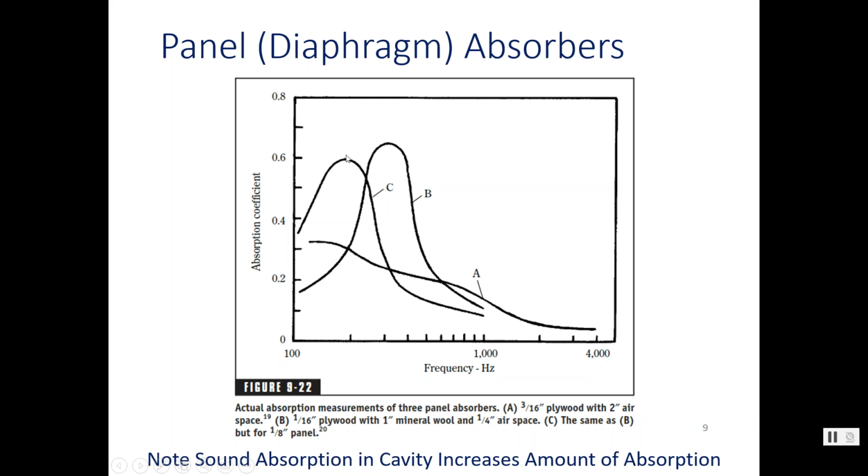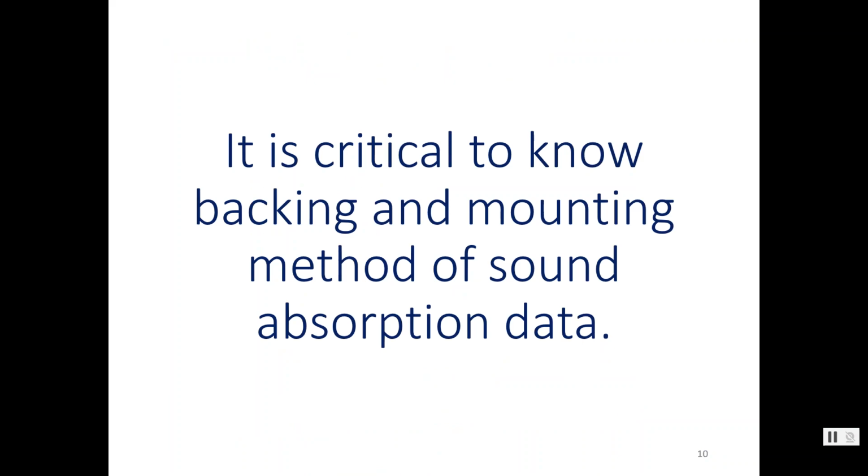Here we're getting absorption coefficients of 0.6 to 0.65, when down here we're only getting a little above 0.3. That's the effect of sound absorption. So these last 2 types lead me to bringing up an important point. Like it says here, it is critical to know the backing and mounting method of sound absorption data.